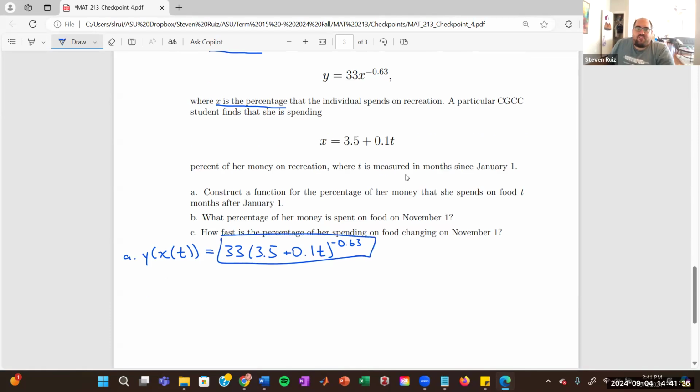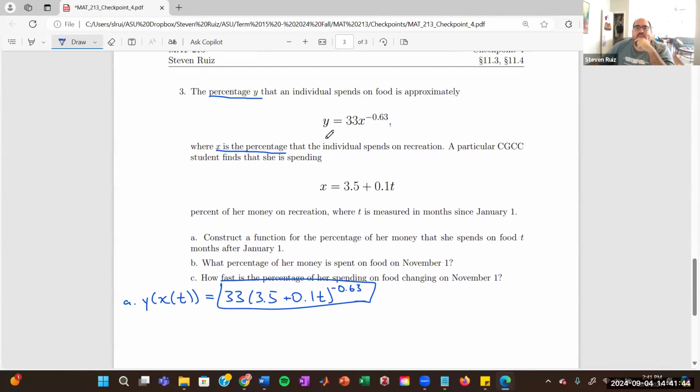So part B, what percentage of her money is being spent on food on November 1st? How can I find that out? Well, Y is the percentage she spends on food. That's what I want to know. And the information I want to use as data is November 1st.